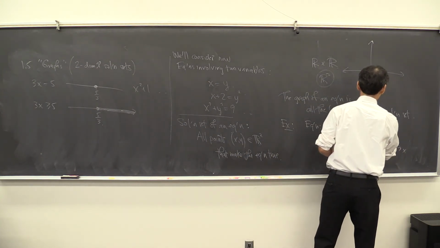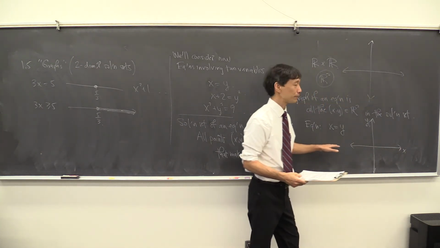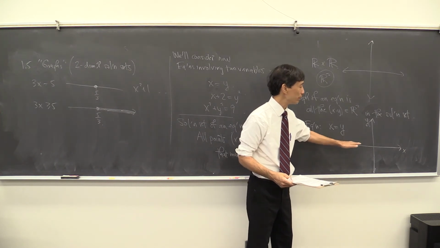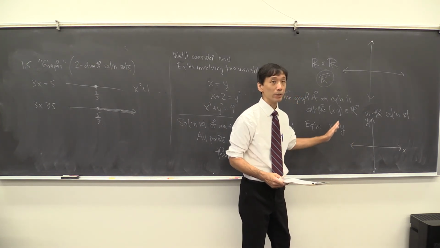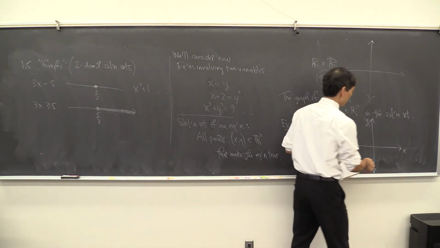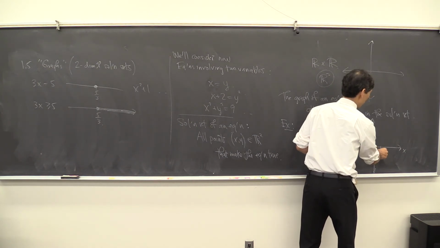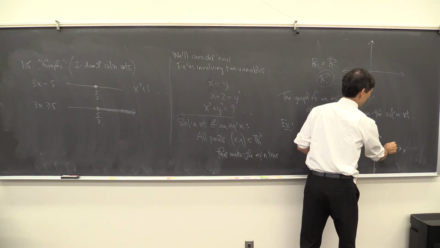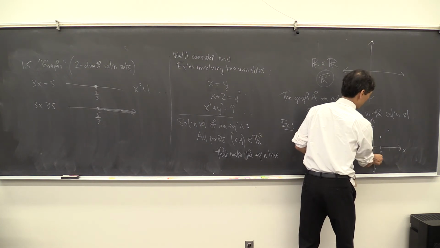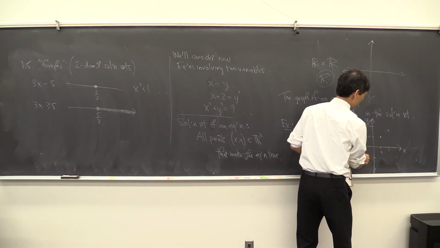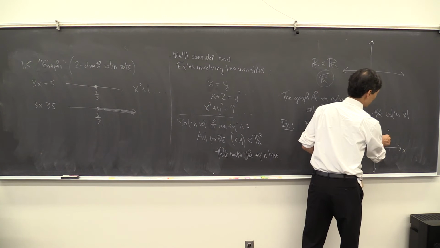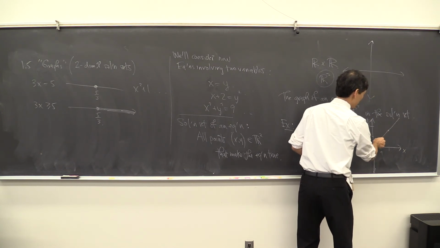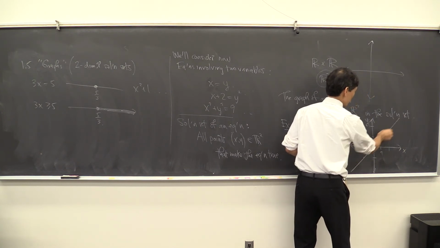So if this is x and this is y, if this is the x coordinate, then it must have an identical y coordinate. So it's got to be here. And you see that the graph of this equation is just this line here.